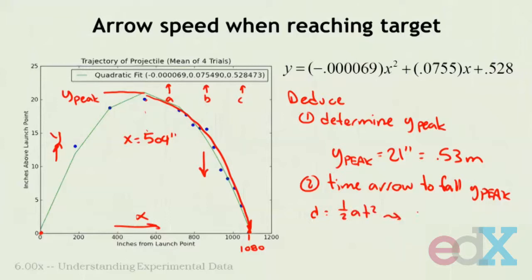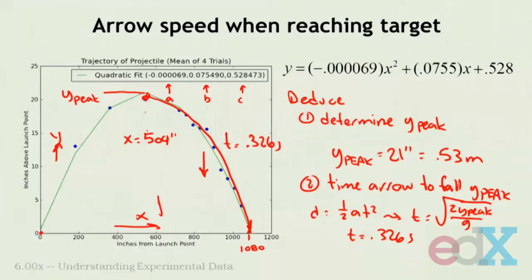Using that, I can solve for t, and that's going to be the square root of twice the distance, so twice y peak, over the acceleration due to gravity, g. If I do that computation, I discover that t equals 0.326 seconds. So that's the amount of time it takes the arrow to travel from here to here.